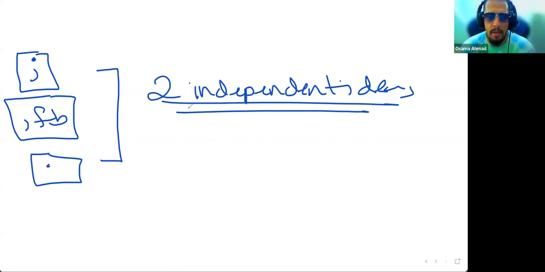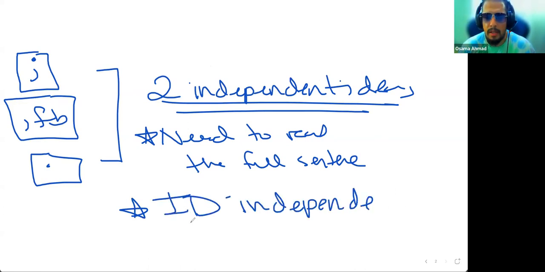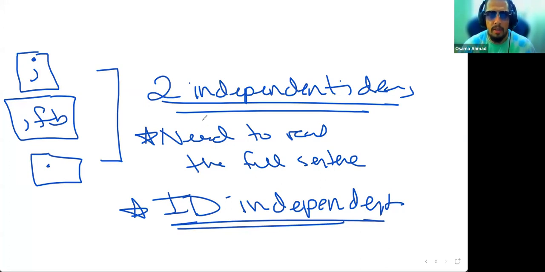One thing I've noticed with many students is you need to read the full sentence, and then identify the two independent ideas of the sentence. This is critical for you to get these answers correct. You don't go by what it looks like. I find this is a problem. Students choose answers based on what it looks like. That is silly. When you're dealing with sentence boundaries, your job is to separate ideas and clauses.